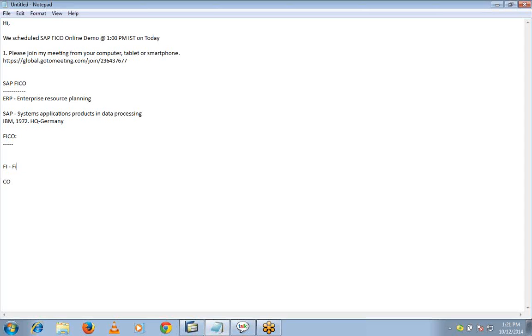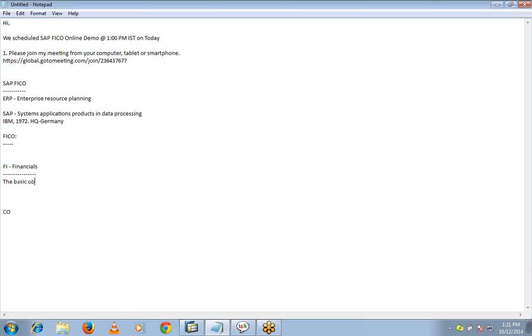FI stands for financials, as you said. Now, when the company is going for FI module implementation, the basic objective behind this is that they would expect financial statements from the SAP system, from the FI module. It means that the basic objective of FI is to generate financial statements, in other words, to meet the legal requirements.